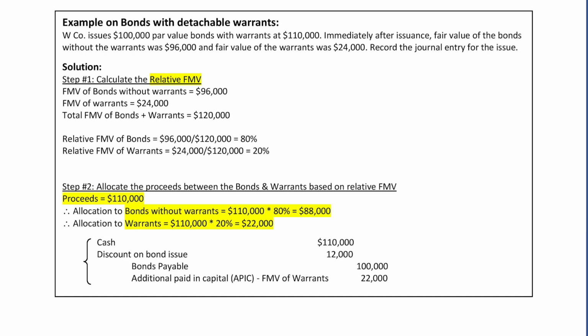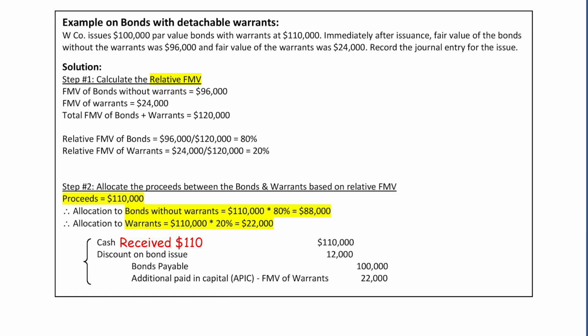Now looking at the journal entry, cash is debit, so write received 110. Now the 110 of proceeds cash received would be allocated between bonds without the warrants and the detachable warrants. So bonds without the warrants, that was 88.